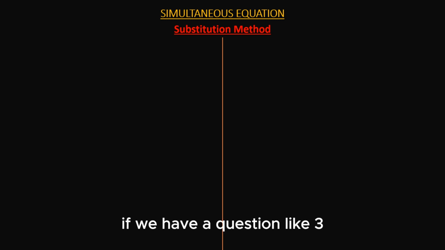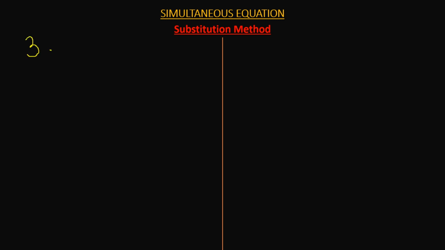If we have a question like 3a plus b equal to 11, and we have 2a minus 3b equal to minus 11.